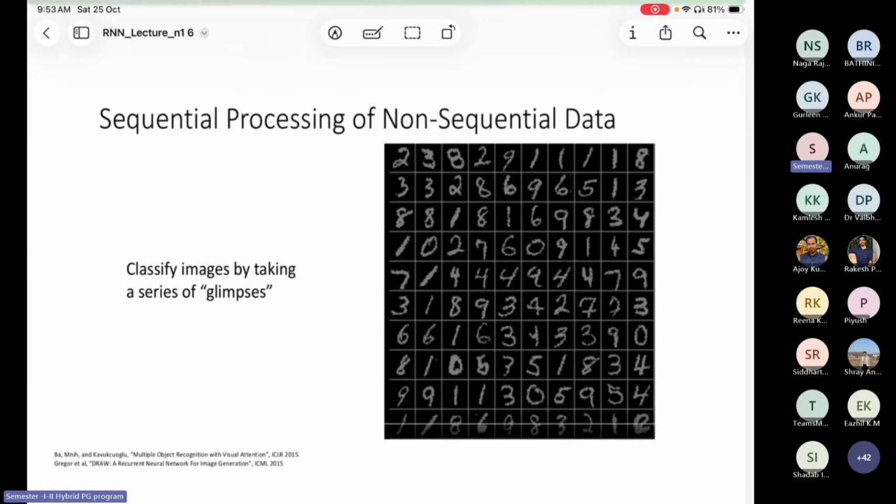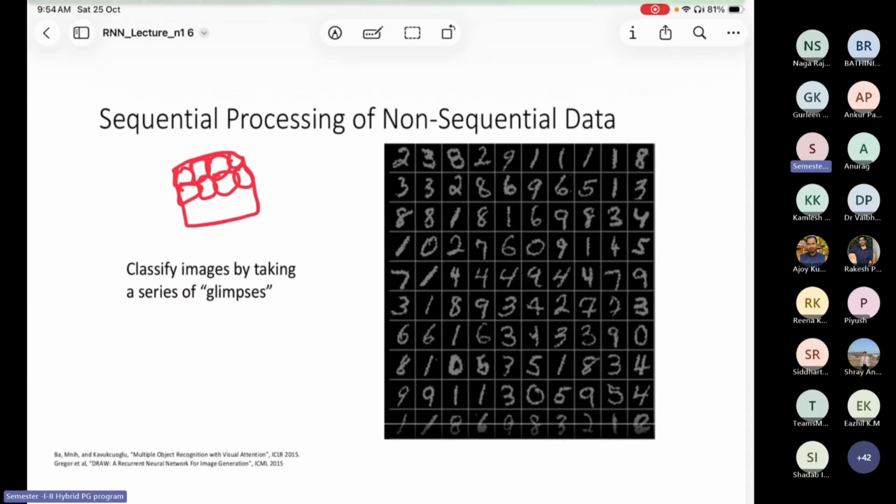Even previously, we used CNN or fully connected networks for classification of this MNIST dataset. Now, what the researchers have done here is take this image and see it as sequential data. An image can be seen as a sequence of small grids.